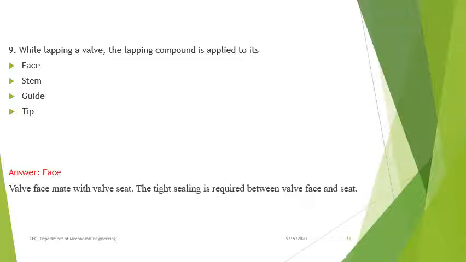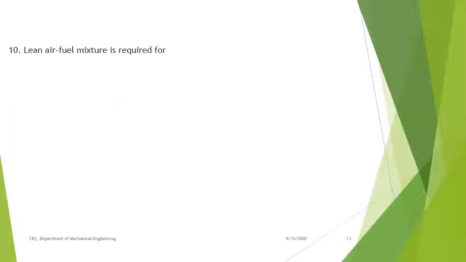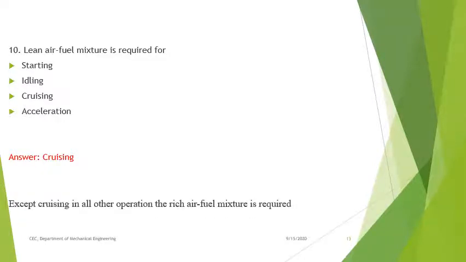Hence, the lapping paste is applied to the face of the valve. Lean air fuel mixture is required for starting, idling, cruising, acceleration. Answer is cruising. Except cruising, in all other operations, a rich air fuel mixture is required.